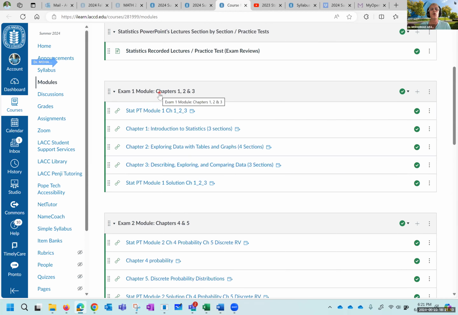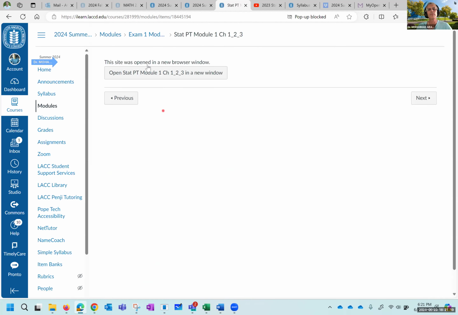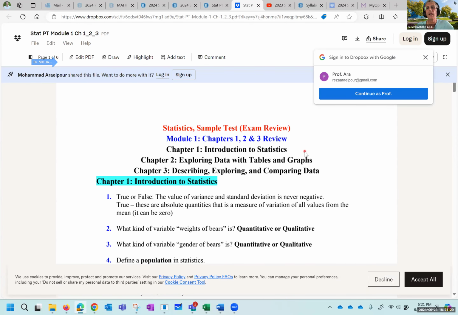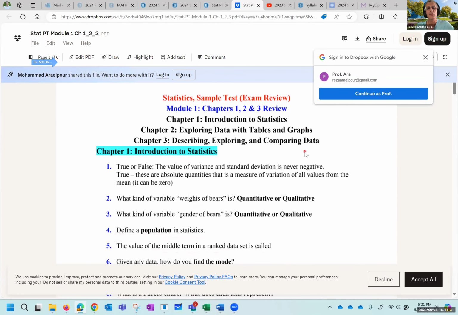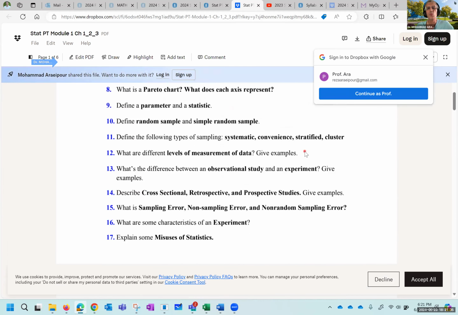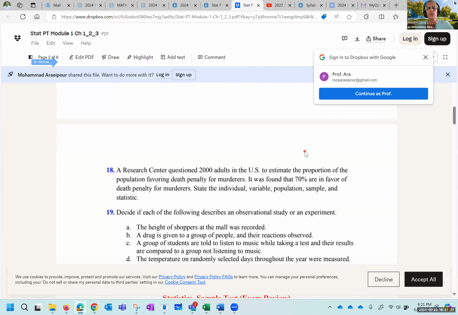So exam 1 module, what do you find first? Number 1, I have this practice test. Why do I put the practice test first? Because I want you to spend about 3 to 5 minutes, read this, and see what the first module covers.